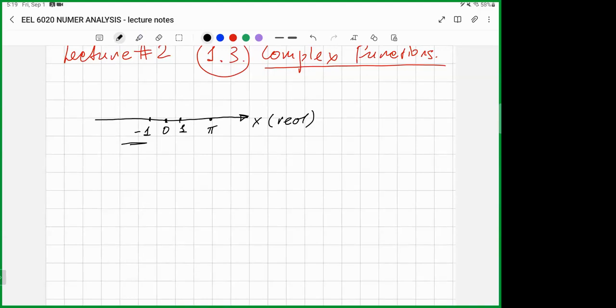for engineering specifically, we need these complex numbers. And of course, you are aware of them. I'm just reminding you what it is and how it looks.